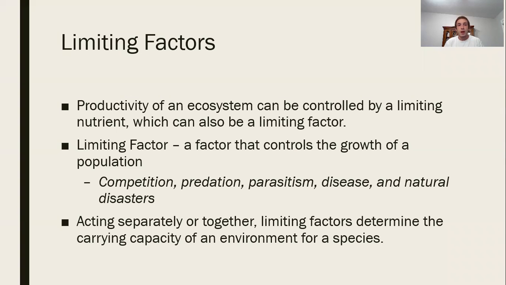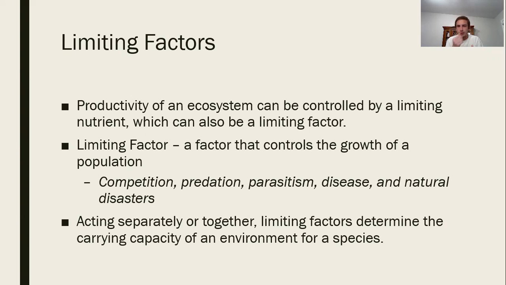All right, so limiting factors, moving into section 2. These are going to be the factors that control the growth of a population. Not necessarily influencing the growth itself, but they kind of prevent growth from happening. And so it's the same things we've been talking about since chapters 3 and 4. Now we're seeing them again in 5.